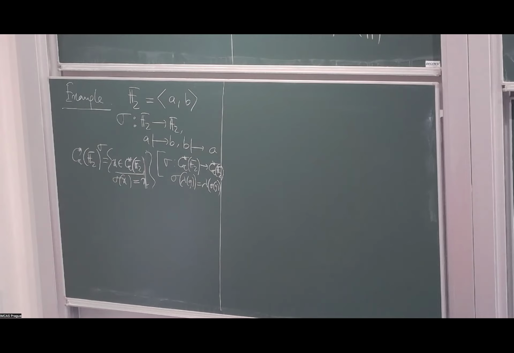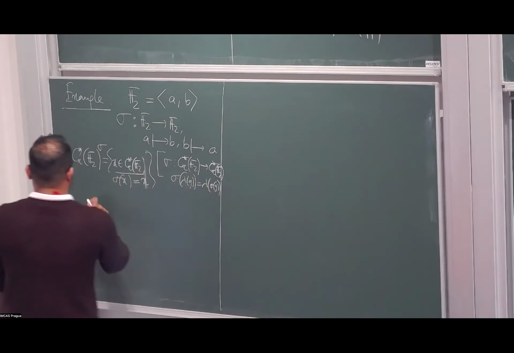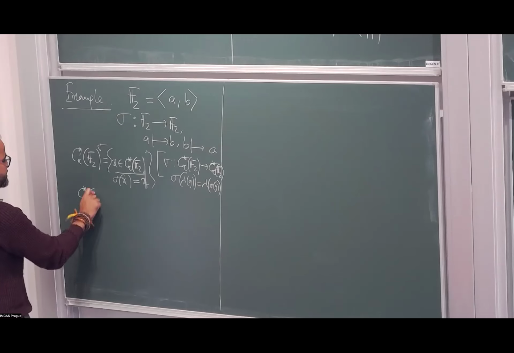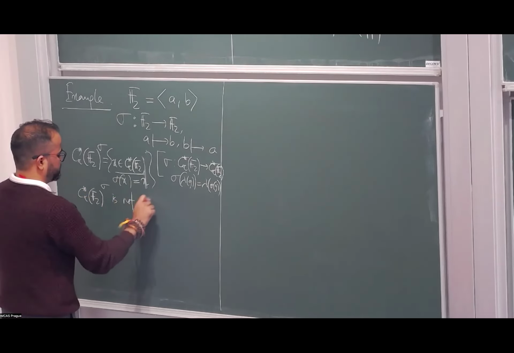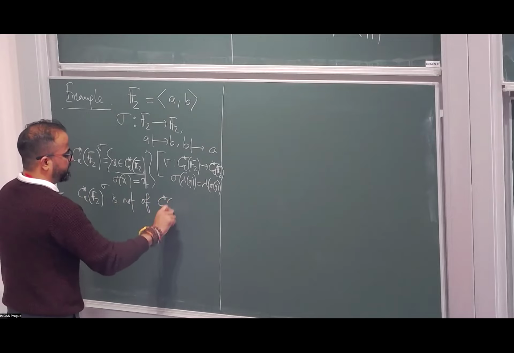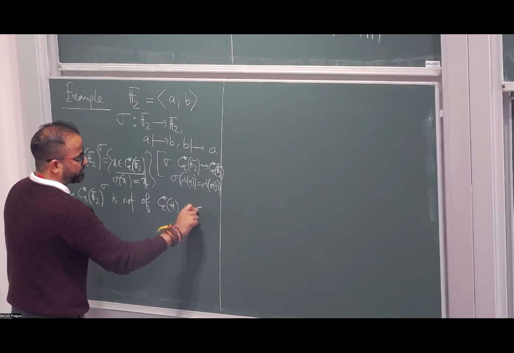One group element cannot exist by itself, because it has to be a fixed point, and no other element in the free group is fixed by this automorphism. So this fixed point subalgebra is not of the form C_r star H for any subgroup.